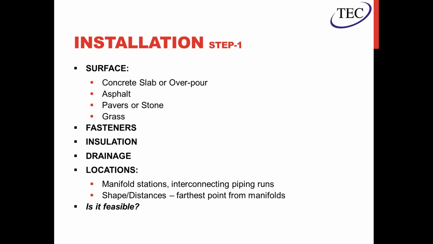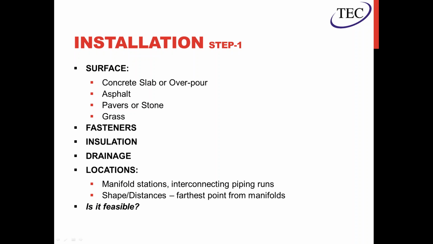In each of those last few cases, the tubing is encased in a sand bed beneath the surface that goes over the top. Those are the most common ones, obviously. If you have another application, you would want to check with your manufacturer to see if it's an option. But in the case of hydronic PEX tubing, those are your biggest surfaces.